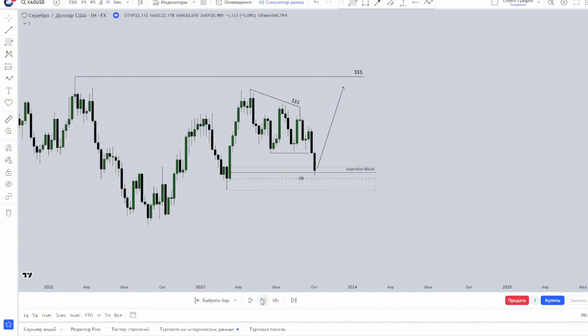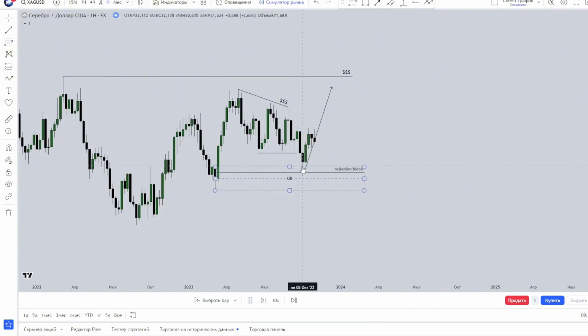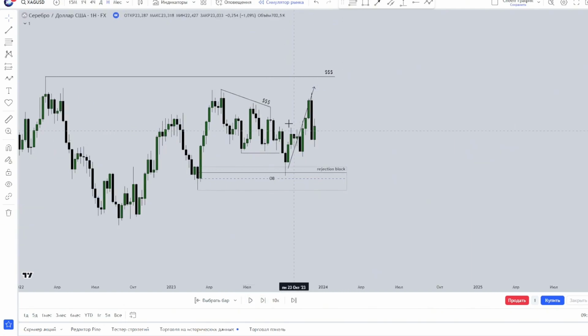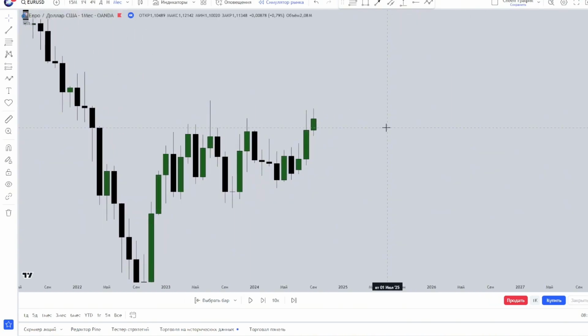There are targets that the price has not reached on both the monthly and weekly time frames. Therefore, in this case, we define an upward narrative or context. In principle, which is what happened, the price retracted from this zone, after which it moved in the direction of our main target.